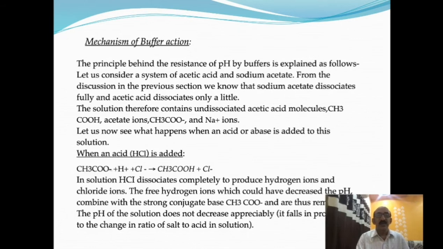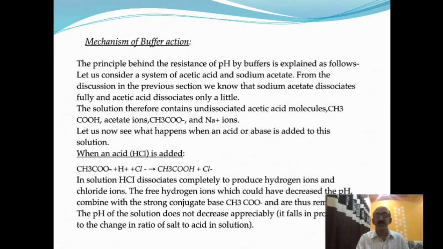The mixture therefore contains undissociated acetic acid molecules and completely dissociated sodium acetate, which gives CH3COO minus and Na plus ions. Let us now see what happens when an acid or a base is added to this solution containing acetic acid, acetate ions and sodium ions.